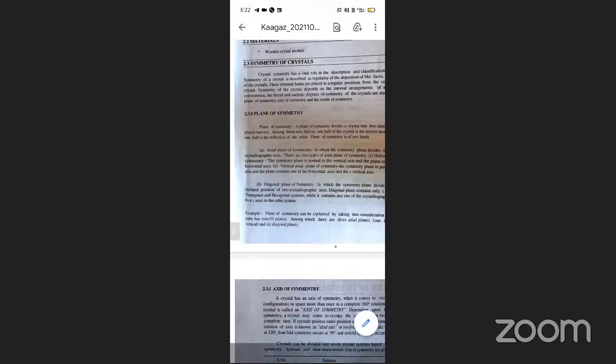The reciprocals of the parameters are called indices.